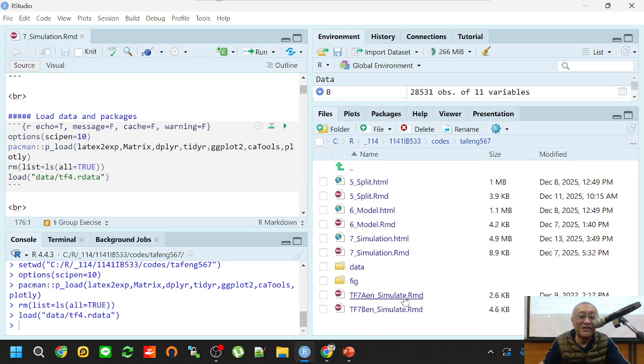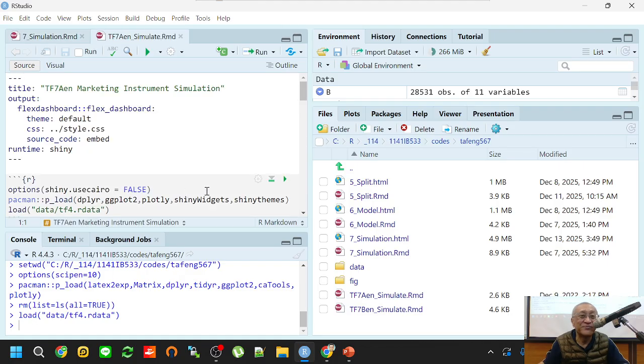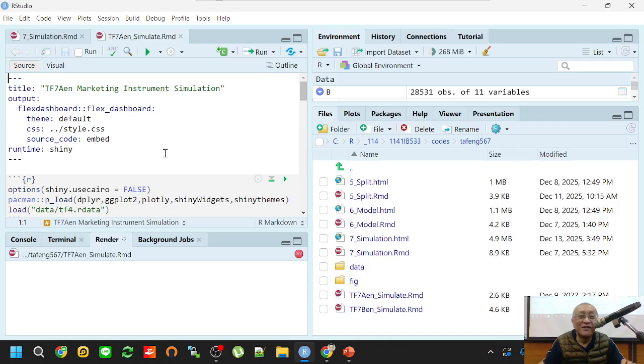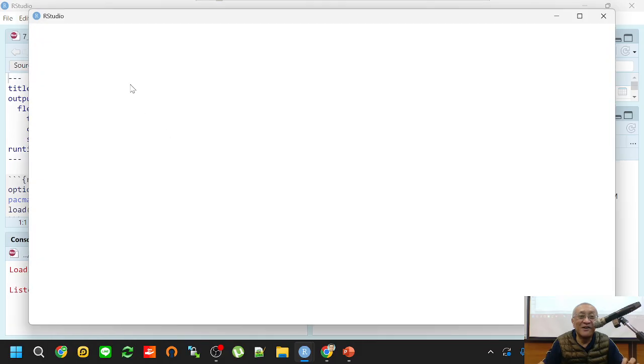here. Let me turn on this simulator first. If you run this simulator, push this run button, actually I can open it in the browser.